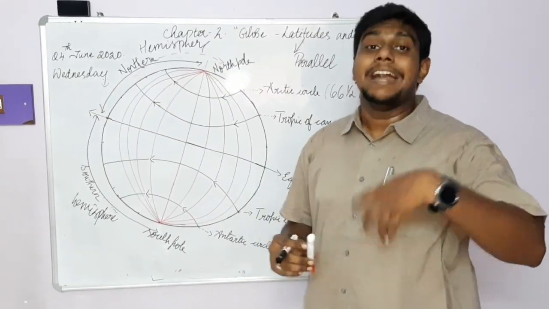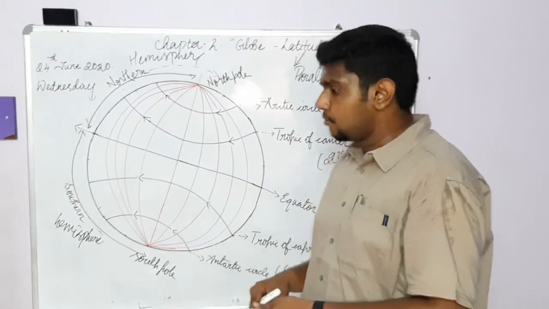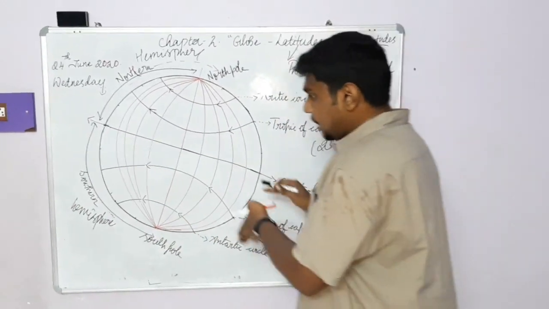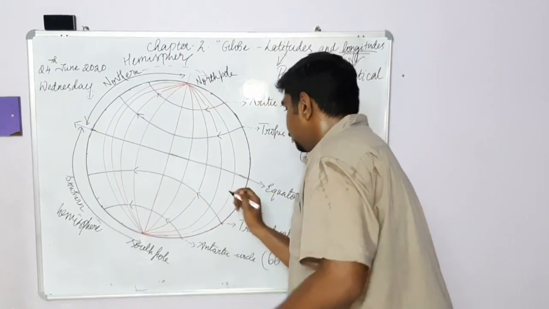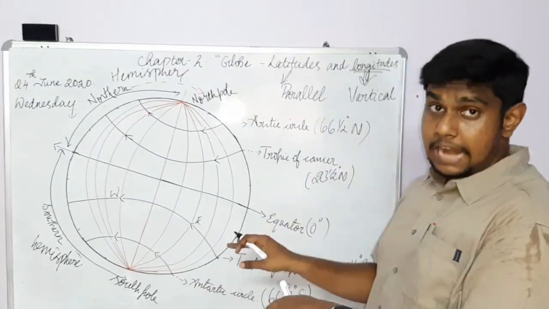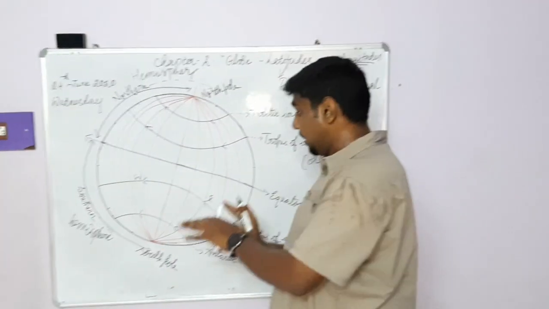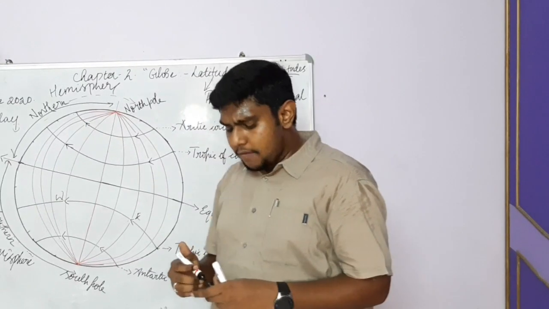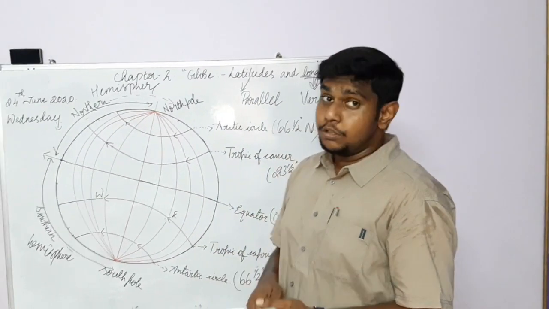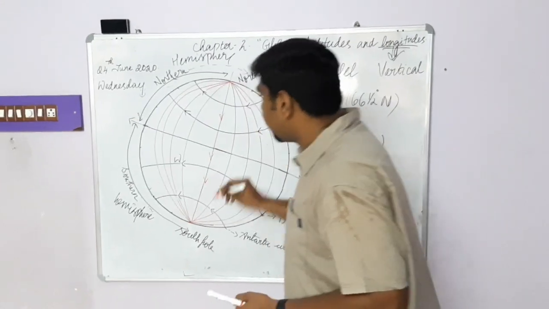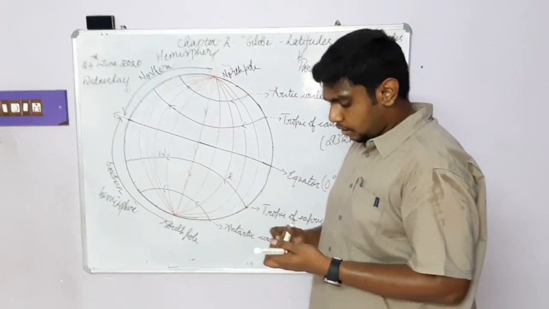I want to give some additional information about the latitudes. These latitudes always travel from east to west, so this is east and this is west, whereas the longitudes always travel from north to south.